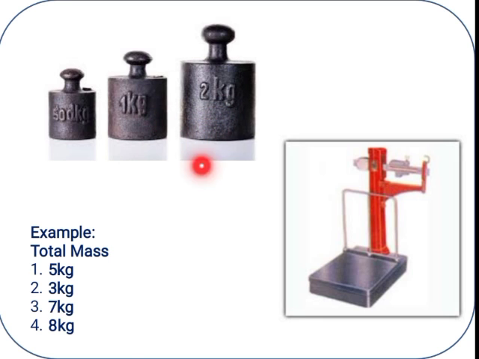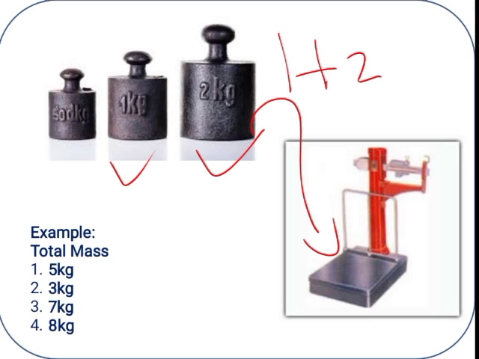Suppose we put the 1 kg and 2 kg masses in this weighing machine, what is the total mass? 1 plus 2, definitely it is 3 kg. Answer second one, 3 kg.